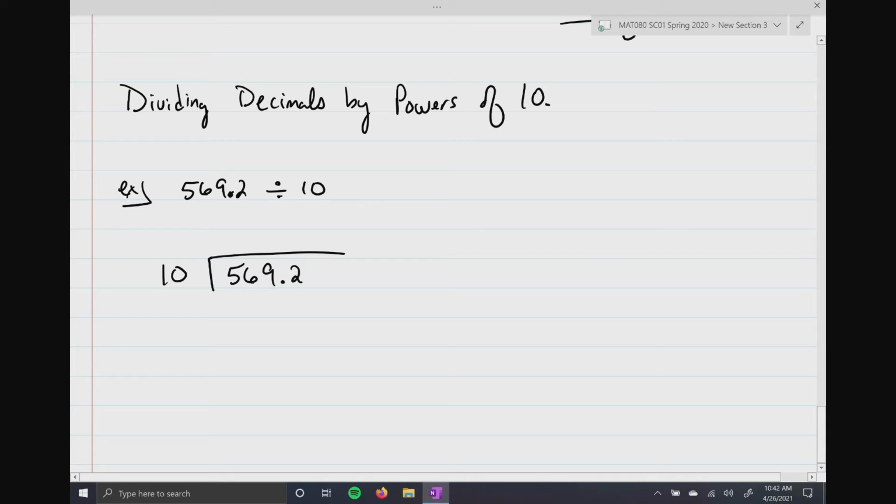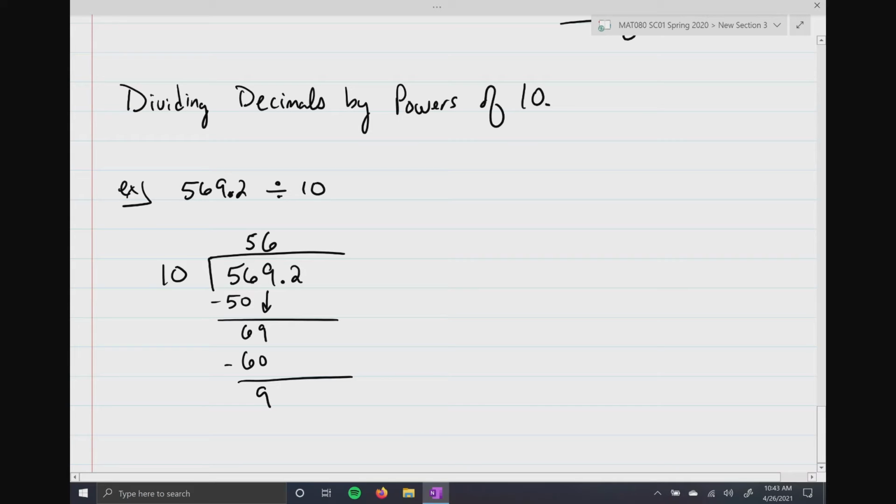Now the 10's a whole number, so I don't have to worry about anything. I just go ahead and divide. 10 goes into 5, well, it doesn't, but 10 will go into 56 5 times. That leaves me with 50. Now I subtract and drop down the next number. 10 goes into 69 6 times.